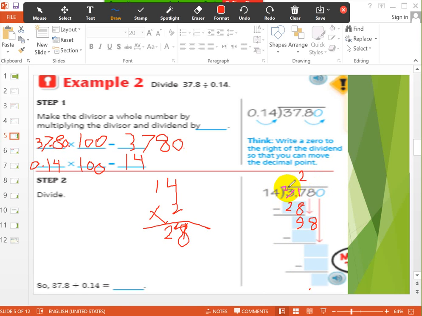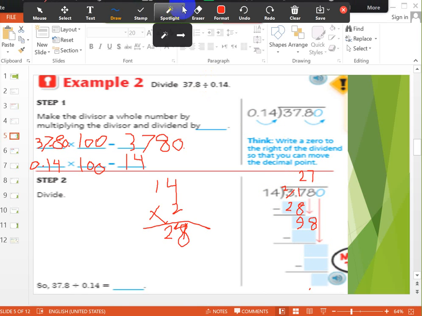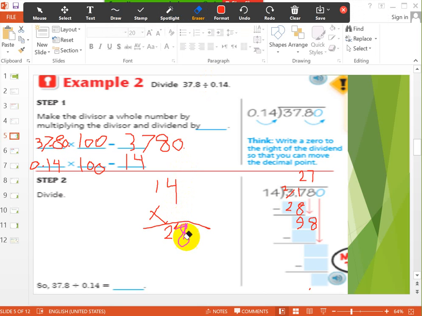What is the number that I will multiply by 4 that will give me 8 in the ones? It will be 7. So 7 multiply 4 equals 28.